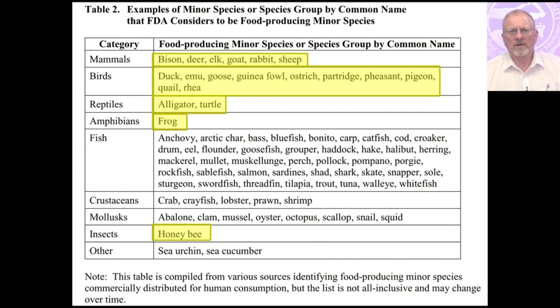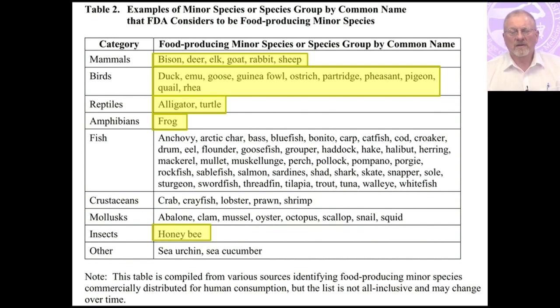Rabbits, a lot of birds are game birds, alligators, turtles, frogs, honeybees, sea urchins, and sea cucumbers. So it's an interesting list of the things they consider to be food animals. They note at the bottom that this is not an exhaustive list, but ones that they currently consider, and others might be.